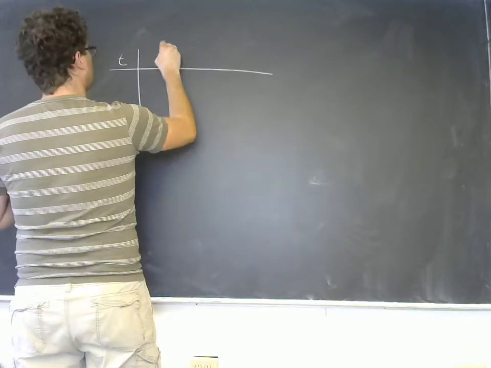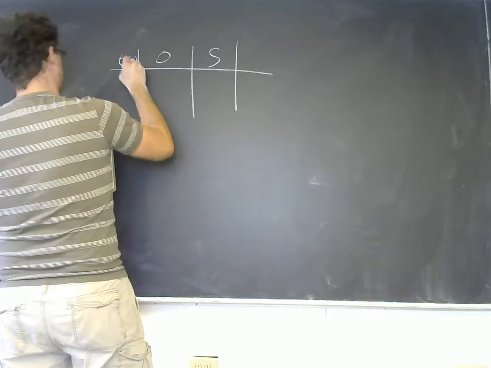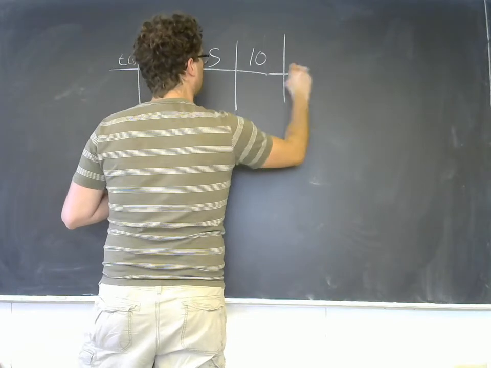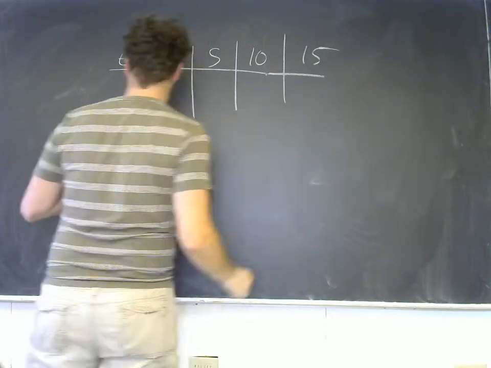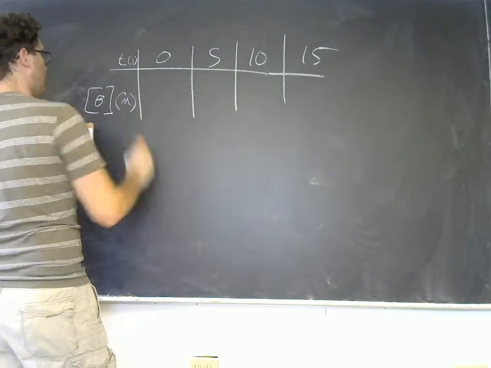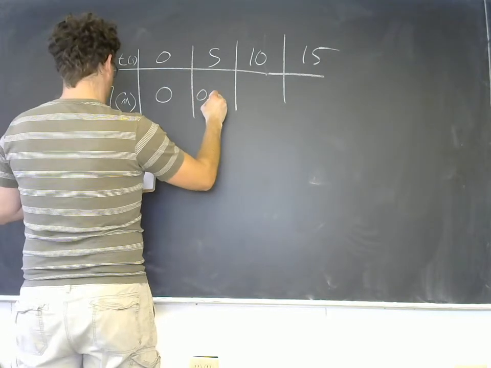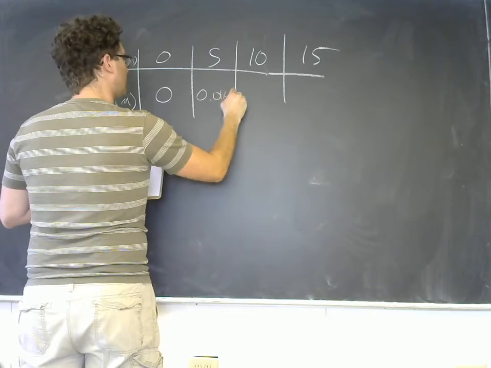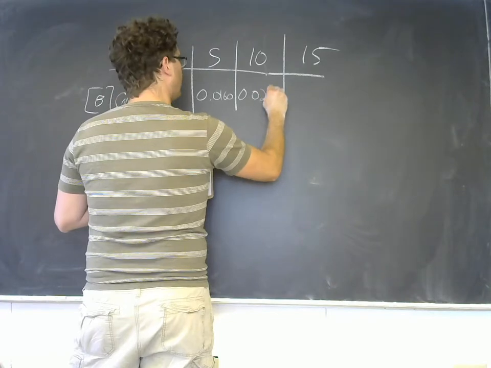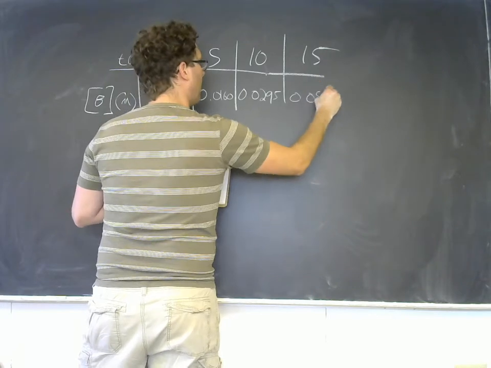At time 0 and time 5 seconds and time 10 seconds and time 15 seconds, you measure the molar concentration of B to be 0, 0.0160 molar, 0.0295 molar, and 0.0503 molar.